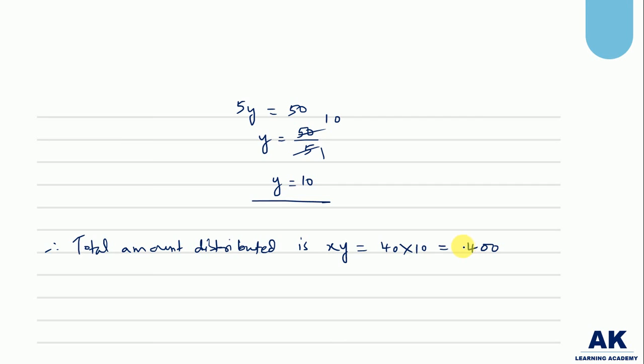Therefore 400 rupees, or 400 total amount. So therefore 400 rupees is distributed equally among 40 students.